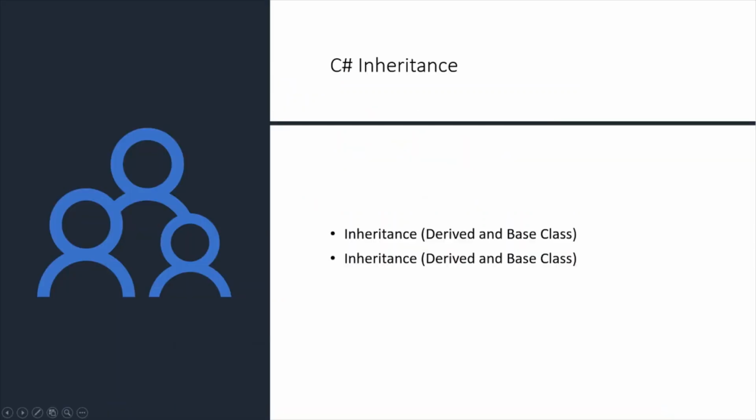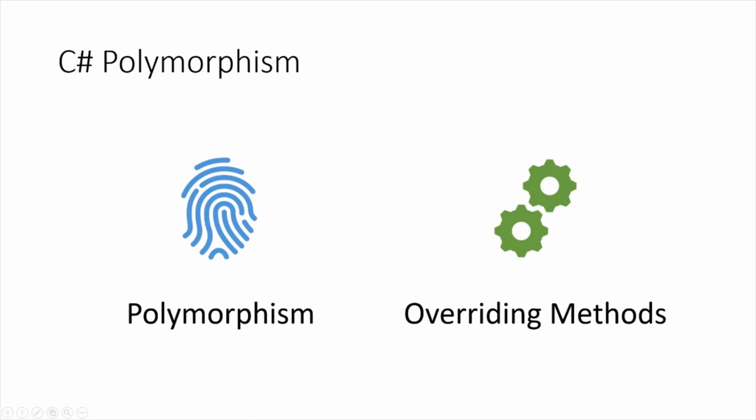So inheritance we understood, right? And now we have polymorphism. What is polymorphism? Polymorphism means many forms, and it occurs when we have many classes that are related to each other by inheritance. Like we saw in the previous examples for inheritance, we inherited fields and methods from another class.